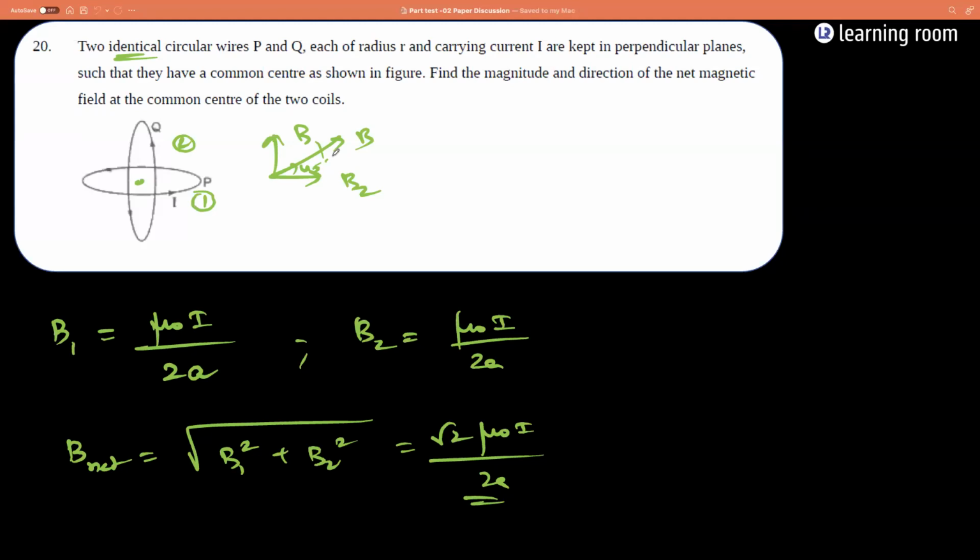Okay. Two circular coils, one of radius small r and the other of radius capital R, are placed coaxially with their centers coinciding. Obtain an expression for the mutual inductance of the arrangement. Placed coaxially, right?